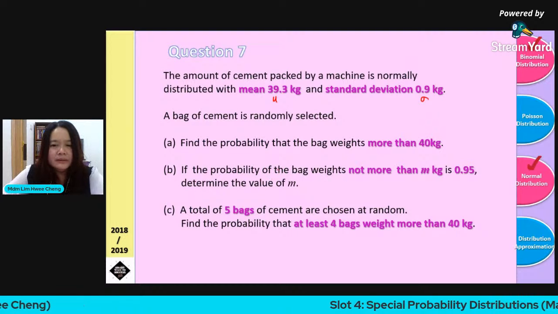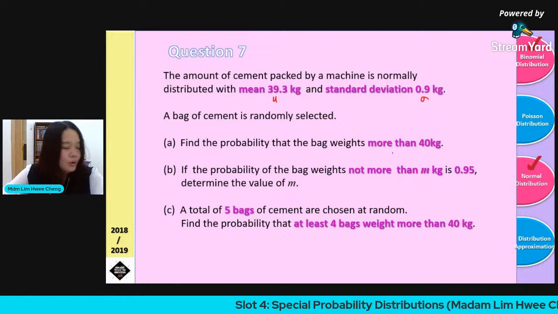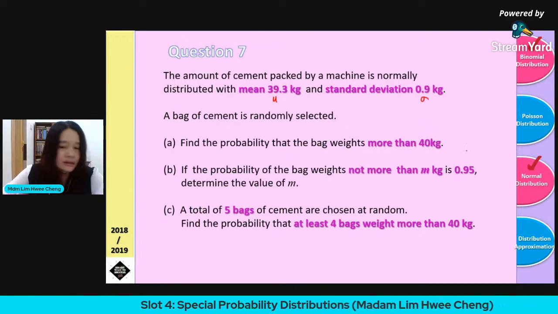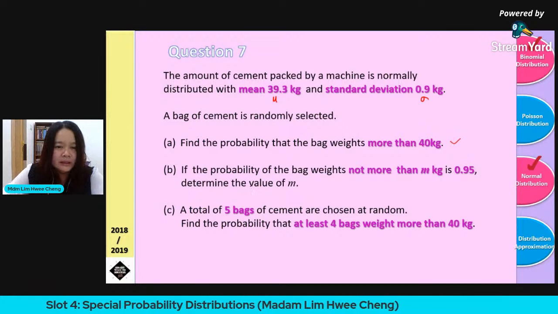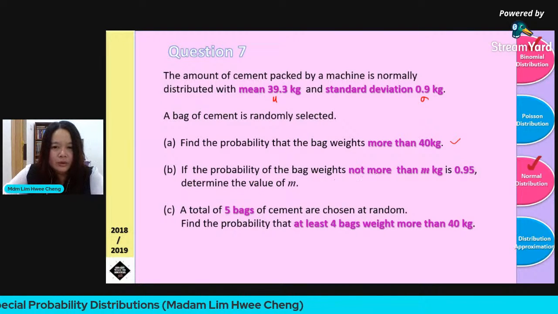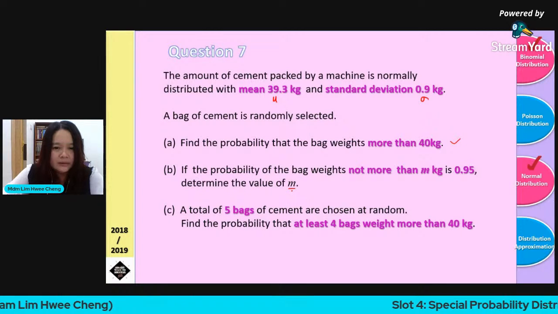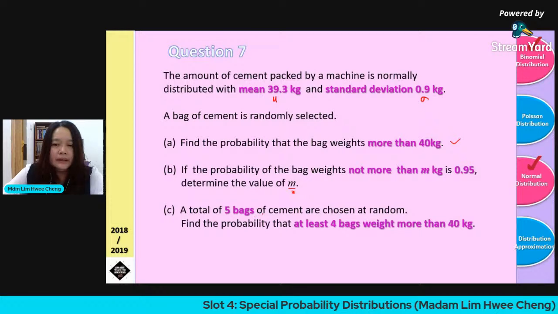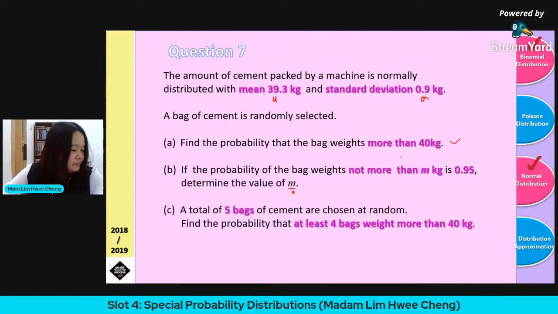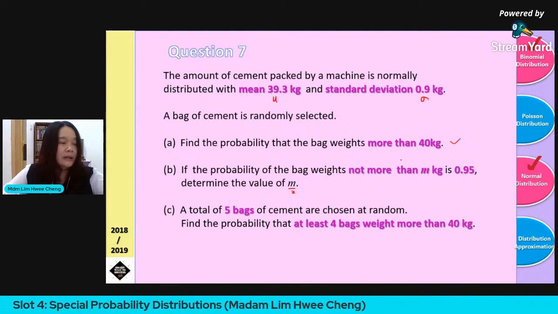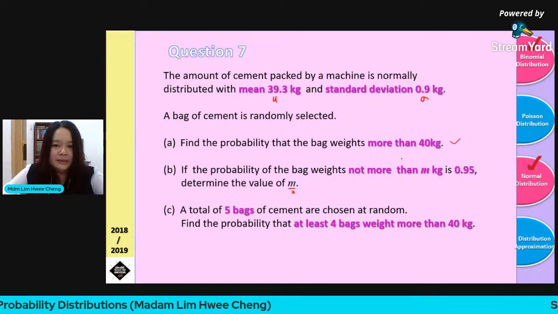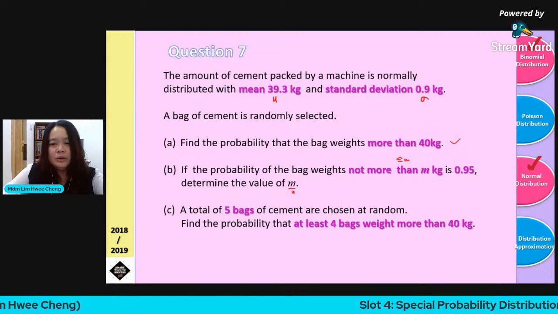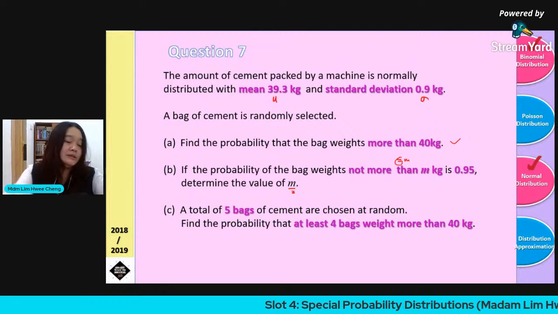Find the probability that the bag weight is more than 40 kg. This is nothing special, just normal. If the probability of the bag weight not more than m kg is 0.95, determine the value of m. Not more than means usually less or equal to m kg, but for normal distribution the equal sign has no effect.